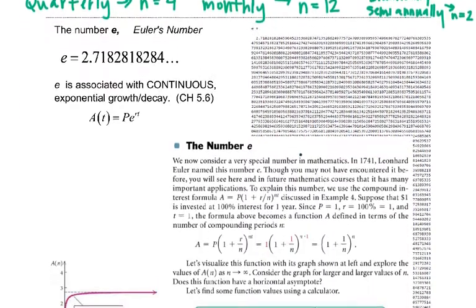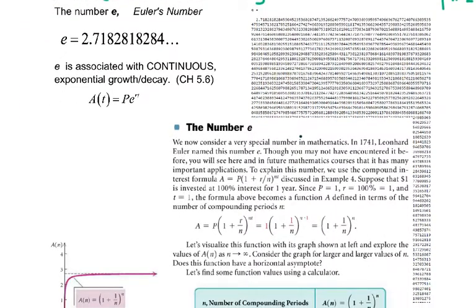So we have here E. E is Euler's number. There are 2 buttons on your calculator that have the E option. Above the division symbol over on the right side of your calculator, you see an E on that button. And there's also an E above the LN on the left side of your calculator.